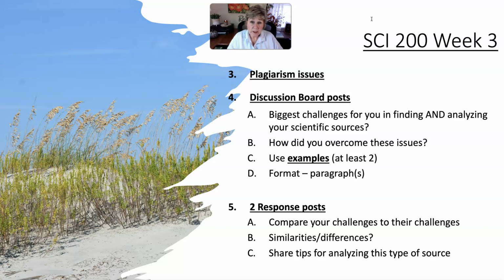Share tips, because we're all here to work together and to learn from each other. Sometimes, once in a while, I'll find one hidden gem that I don't know about. So please share your tips and tricks for finding and analyzing sources. That's your discussion board postings, deadlines, Thursday, Sunday.